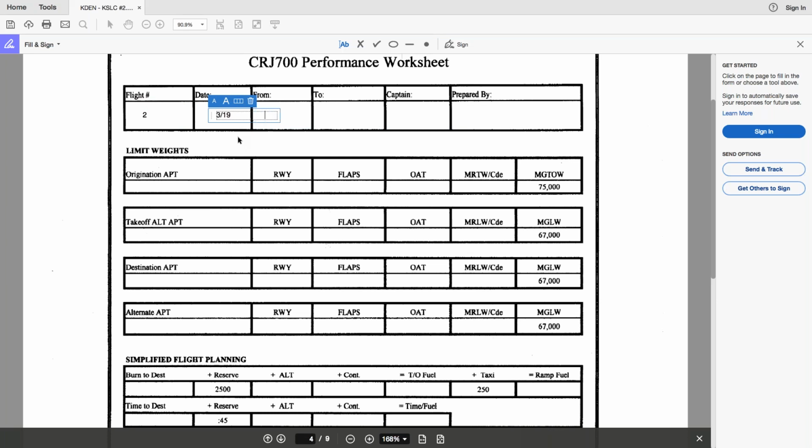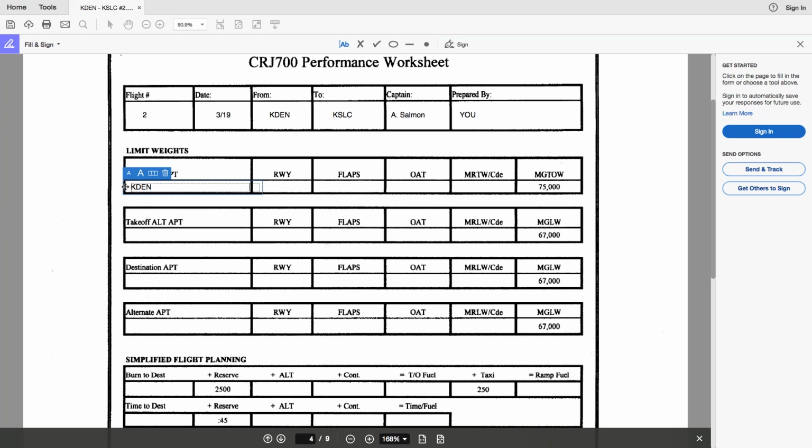From KDEN to KSLC. Captain King Salmon. And it was prepared by you. Origin airport, KDEN. Okay, what do we put in our runway?